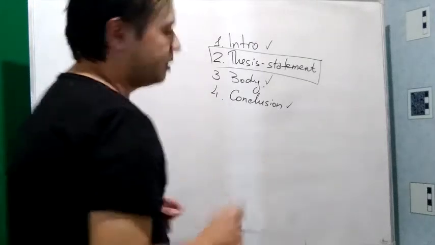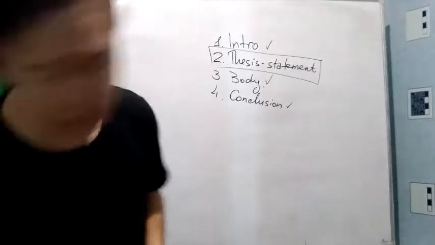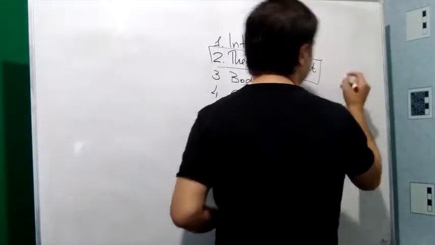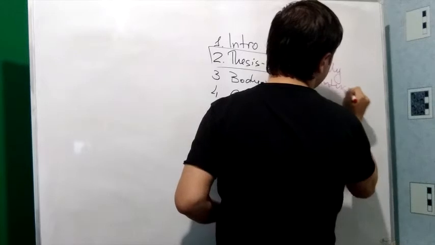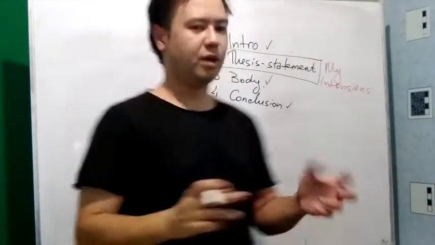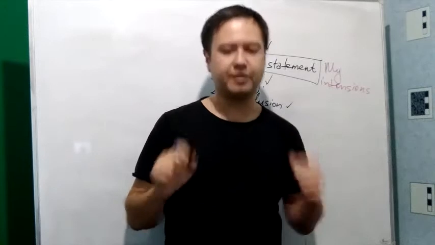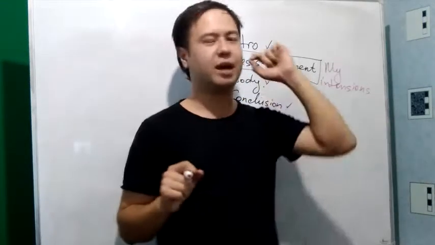Now, the thesis statement is something I usually call, and I'm going to use my red marker here, my intentions. That means that before writing the actual essay, you will have to write down your intentions.